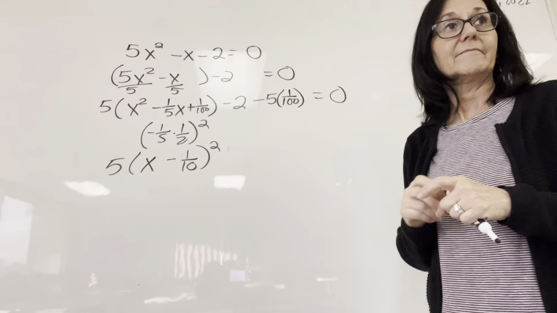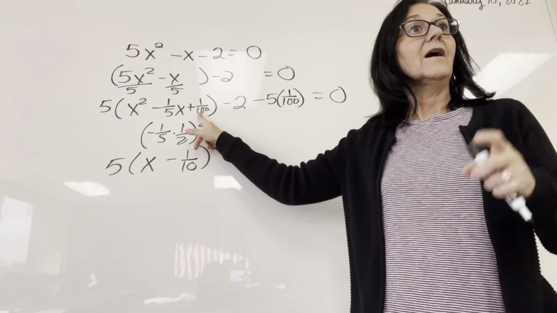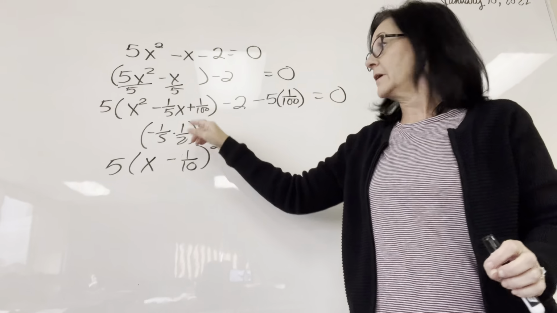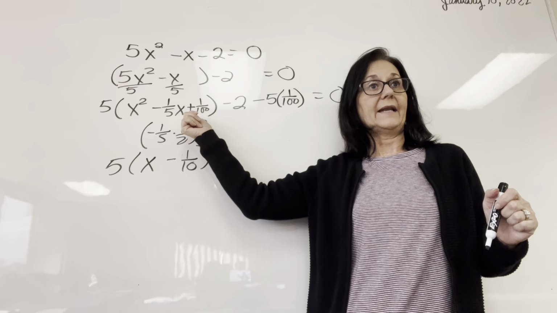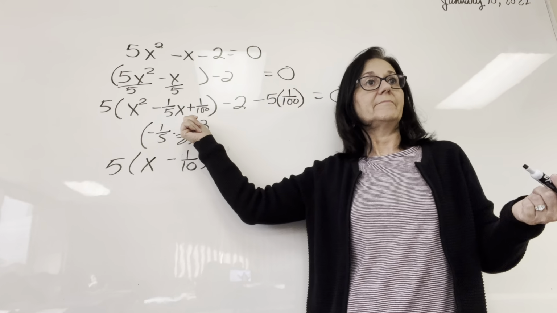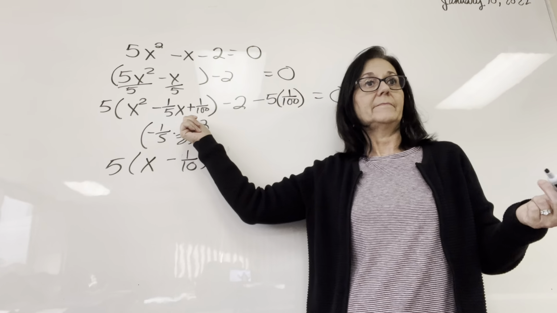In all problems? 100% of completing the square. Because when I take a half and I square it, that's what I'm adding here, and a negative squared is a positive. So this half b squared will always be positive. It'll never be negative.